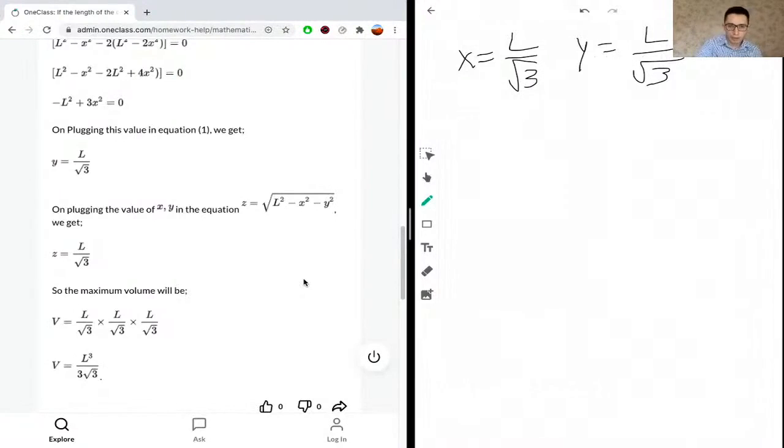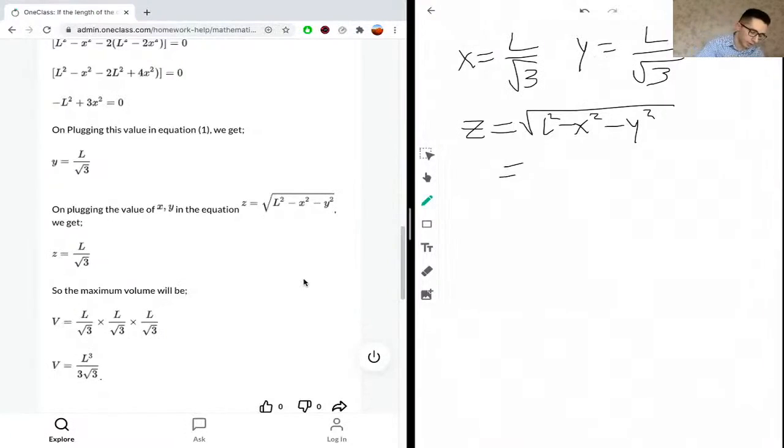So we go back to our original equation for z. So z equals the square root of L squared minus x squared minus y squared to find out the equation for z, because we still need that component to solve for the volume.